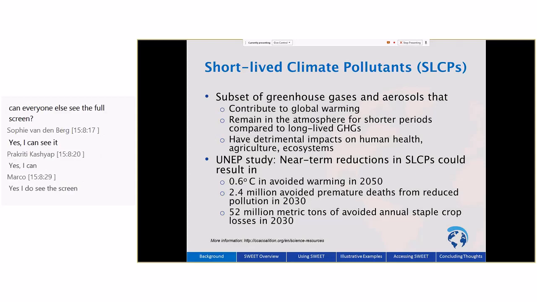We can avoid 2.4 million premature deaths from reduced pollution in 2030 and 52 million metric tons of avoided annual crop losses in 2030. You can find more information on the benefits of reducing SLCP emissions at the link on the bottom of this page.